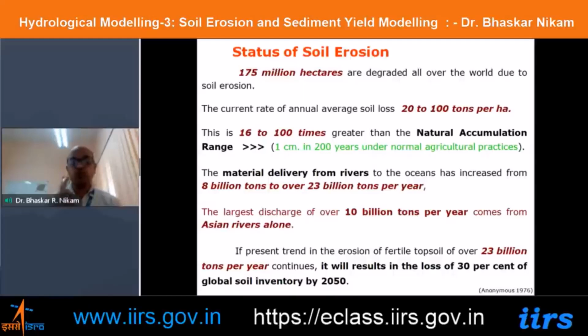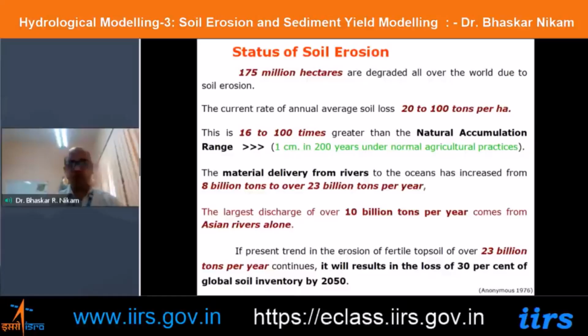The natural soil accumulation rate is even smaller, even less than the rate in the agriculture area. However, the present erosion rate is 16 to 100 times higher than the natural soil formation rate. If this scenario continues, we are bound to lose 30% of our precious soil resource by 2050.